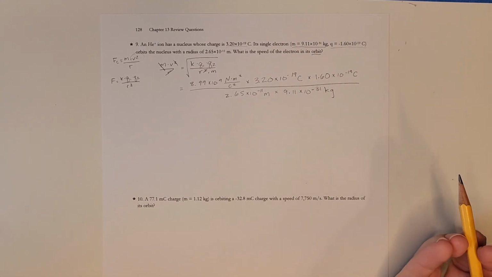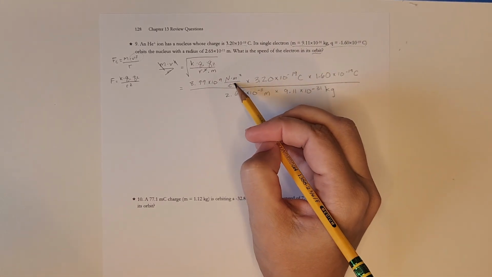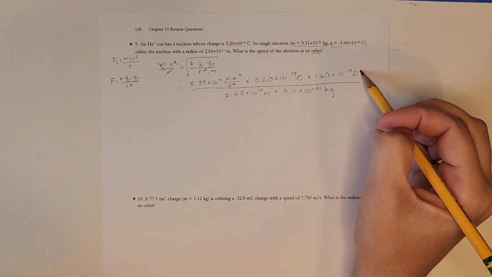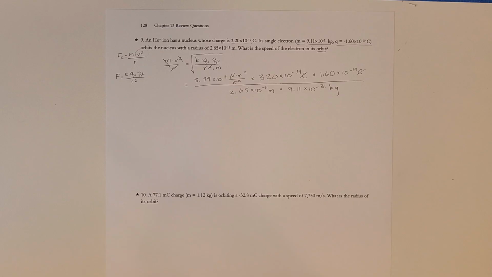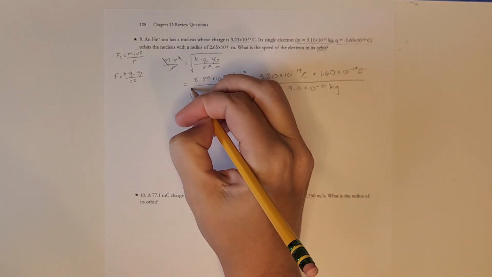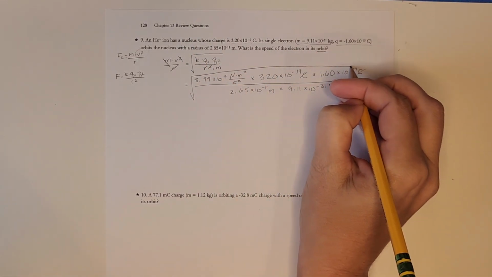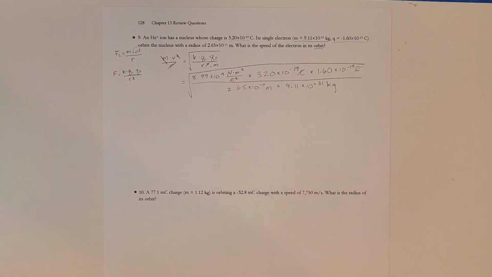So let's look at our units and what's canceling. So our coulombs will cancel. And I forgot, make sure we have our square root symbol. Okay.